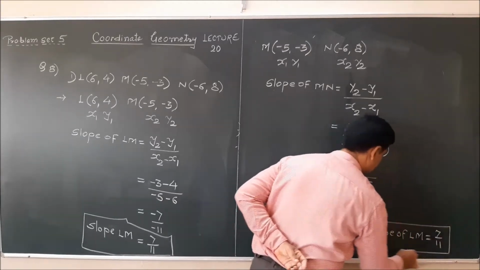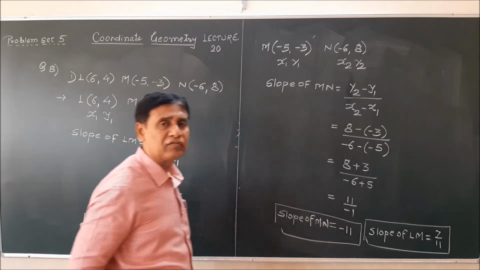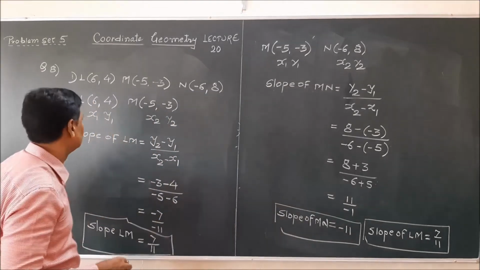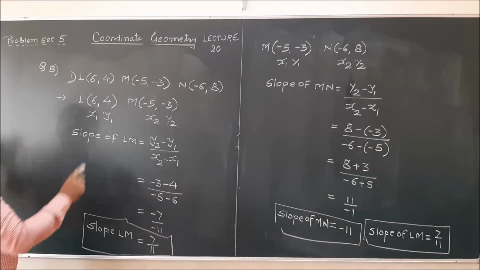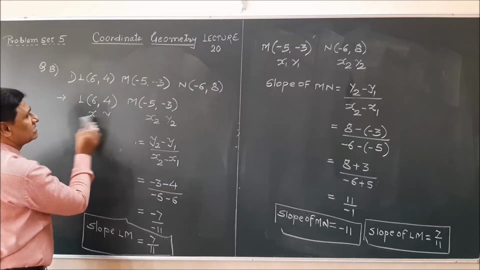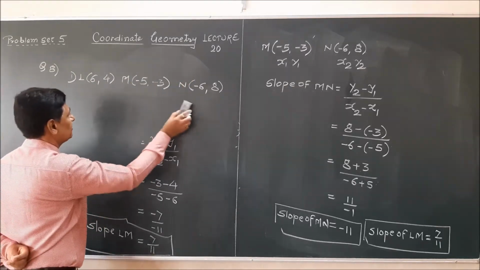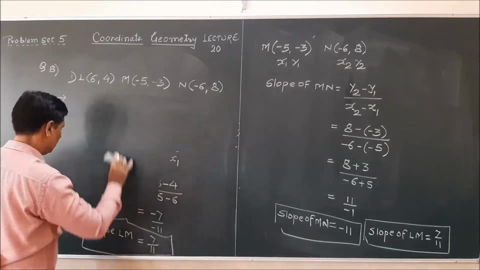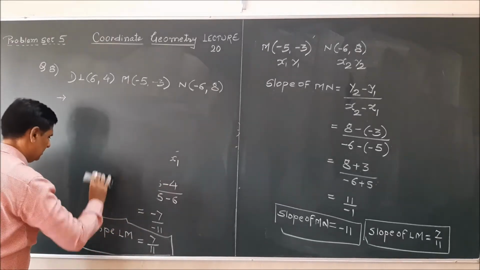Now we have to find out slope of the third side. The third side is LN. So let's find out slope of LN.